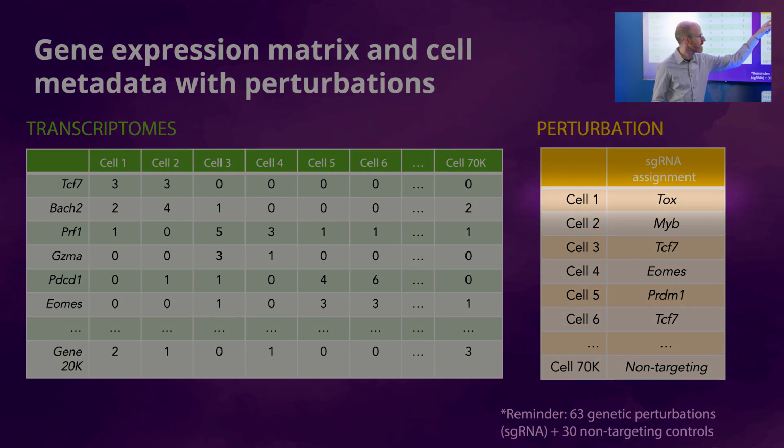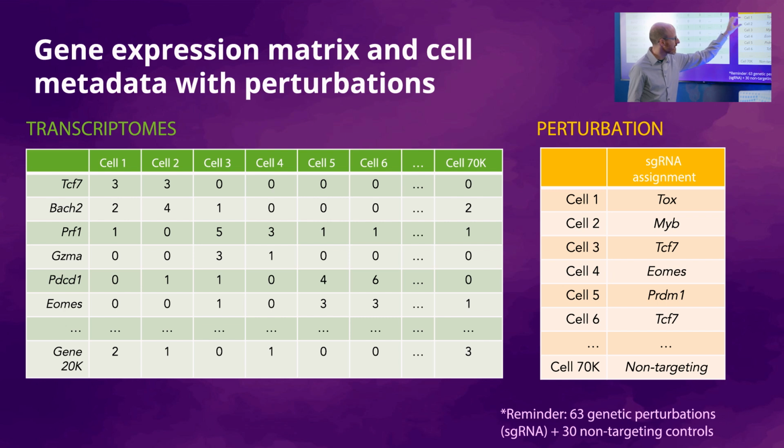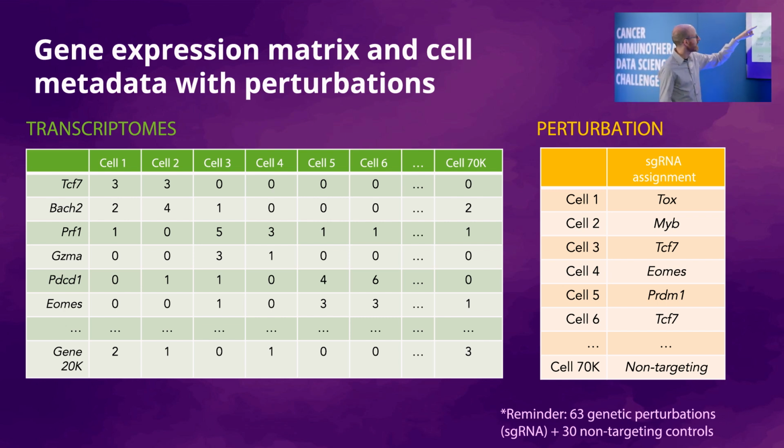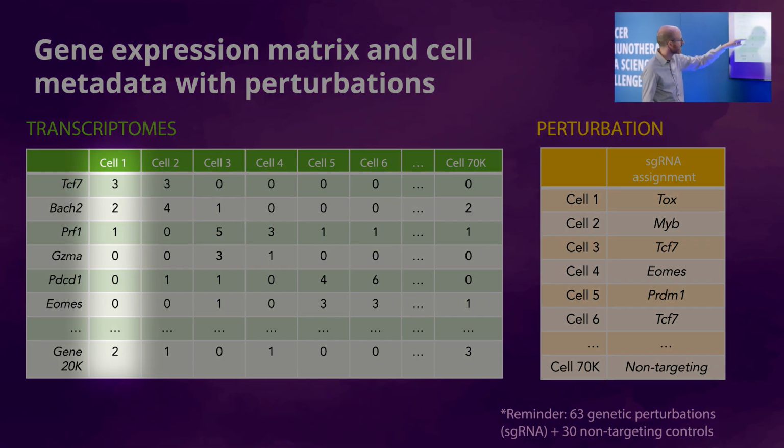So cell 1 received a Tox perturbation, so the Tox gene got deleted. And then we can link that perturbation to the resulting effect on the gene expression within that cell. So cell 1 had a Tox deletion and it has this set of gene expression values. So that's this really nice linkage we can do in a Perturb-seq experiment between the perturbation and the result on the gene expression in the same cell.